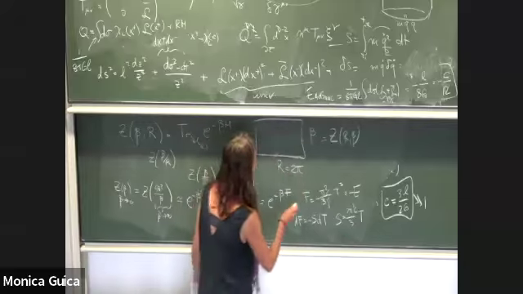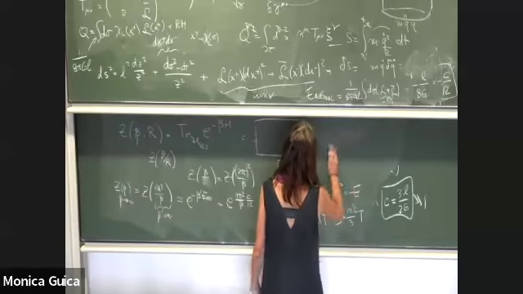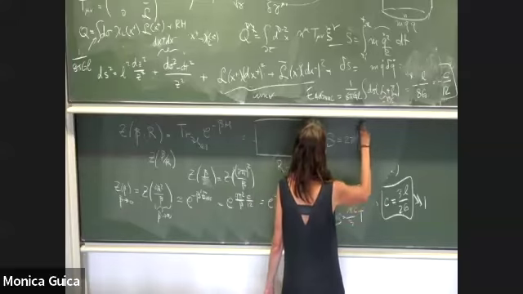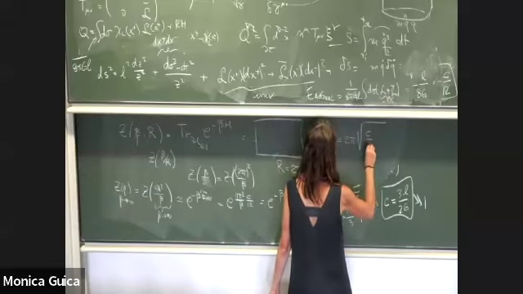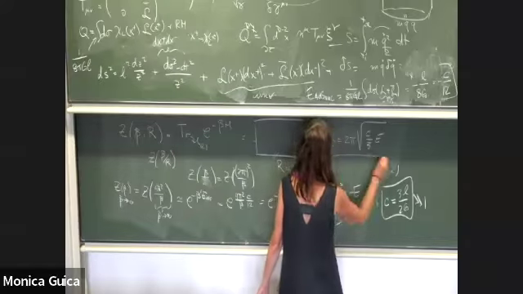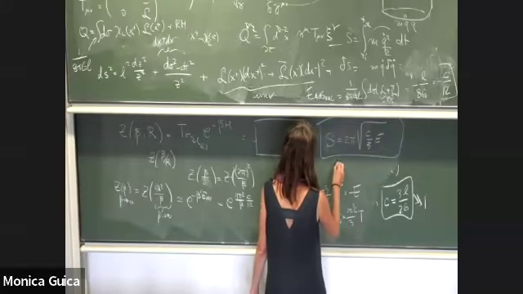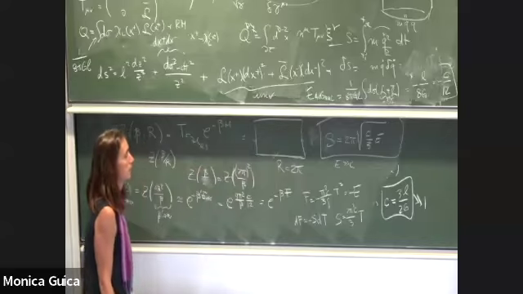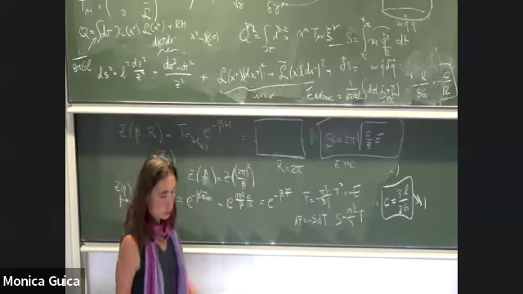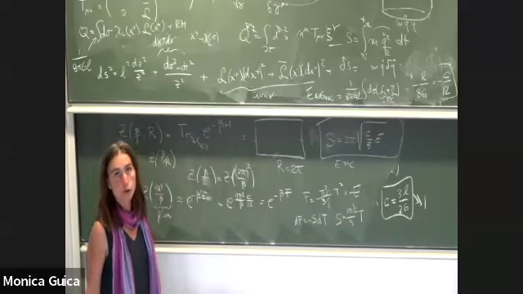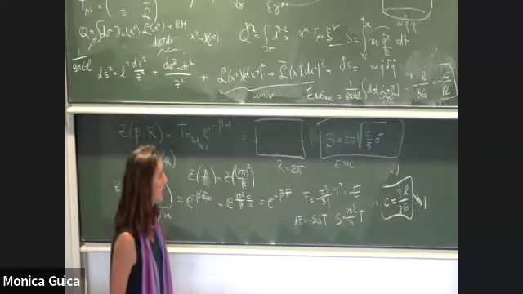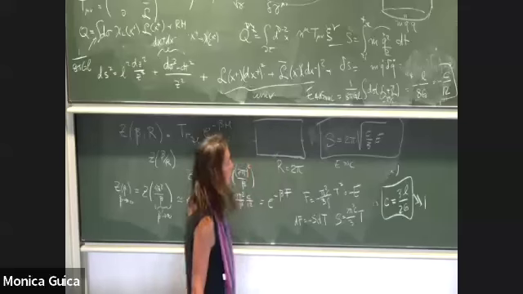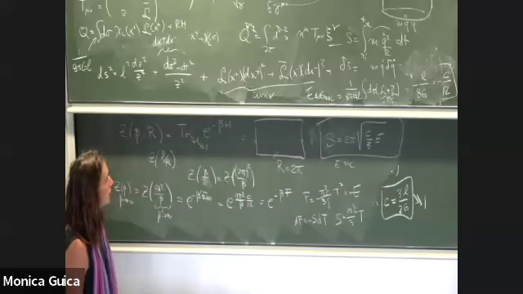This is a bit boring, but at the end of the day, what you find is the famous Cardy formula, which is that the entropy as a function of the energy is 2 pi square root of c E over 3, for E much greater than c. So this is a universal formula for the density of states in any CFT. You just need the central charge, and it's a function of the energy of those states.